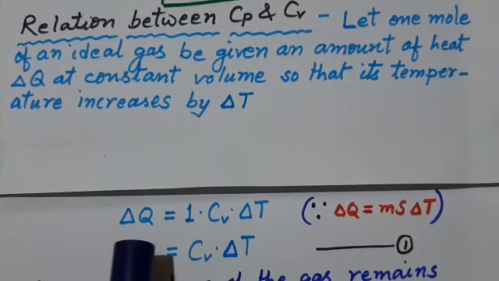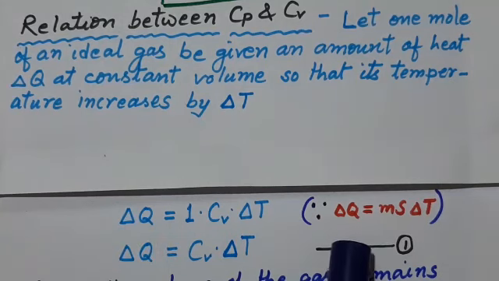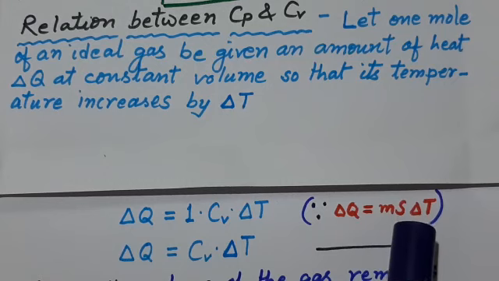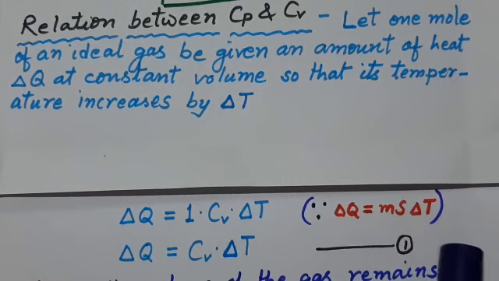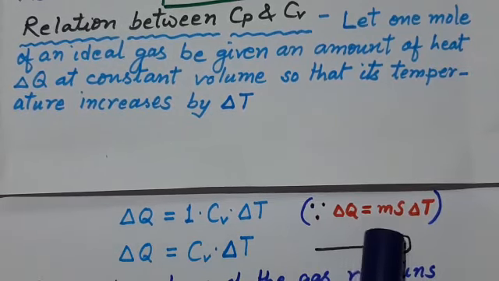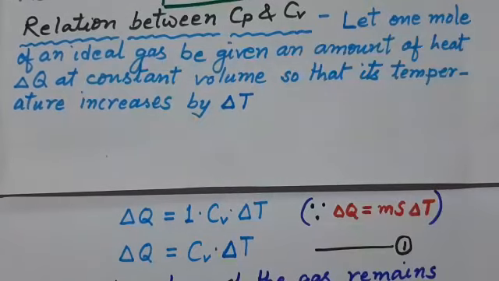Now delta Q equal to m s into delta T, where m is mass, s is specific heat, and delta T is the temperature difference. Then delta Q equal to m s; we have taken 1 mole of gas, so m is 1.